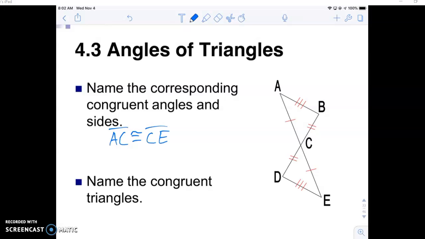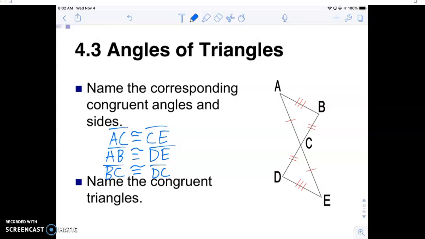I also know AB is congruent to DE. Also, with the two little tick marks, I know BC is congruent to DC. So that's it for the sides.